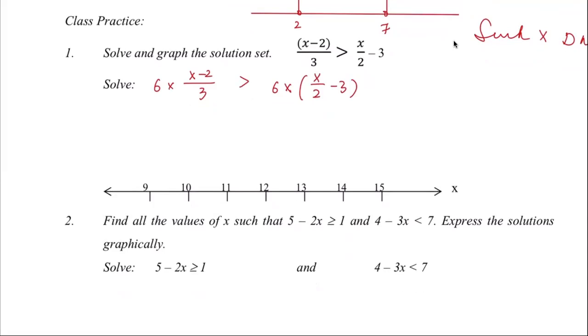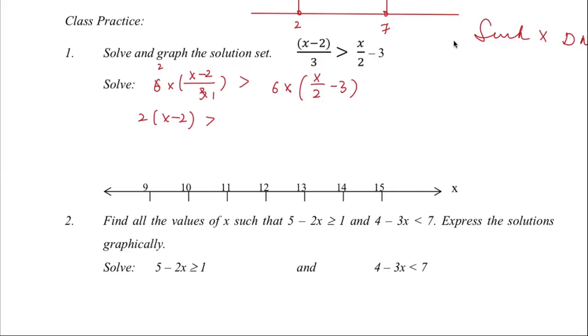Now we know what to do, right? Let me put a bracket here as well to make sure that we don't make any mistakes. So 6 times the whole expression, this becomes 1, this becomes 2. So 2(x minus 2) is greater than, and here we use the distributive property.